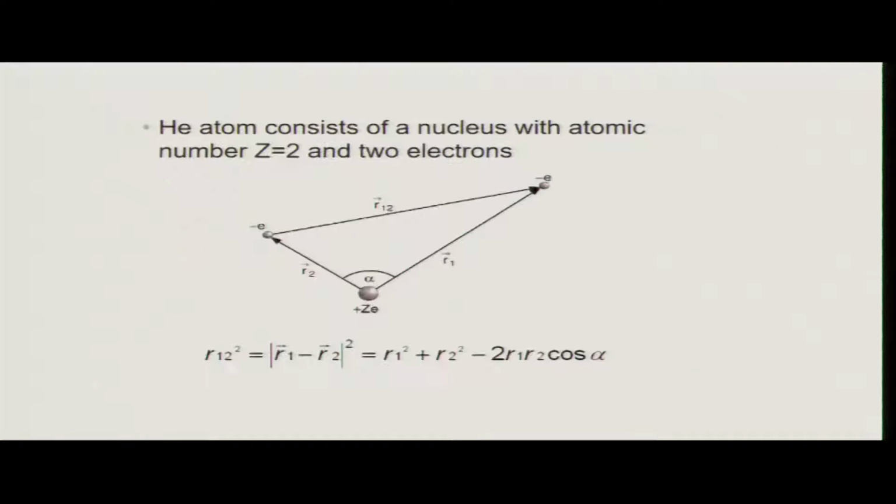In order to understand this, let us first look at the helium atom picture, which has one nucleus with 2 protons and 2 electrons. So, there is a 3-body problem, and the 2 electrons can exist around the nucleus in 2 different directions, which gives rise to 3 coordinates to worry about: R12, R1 and R2.